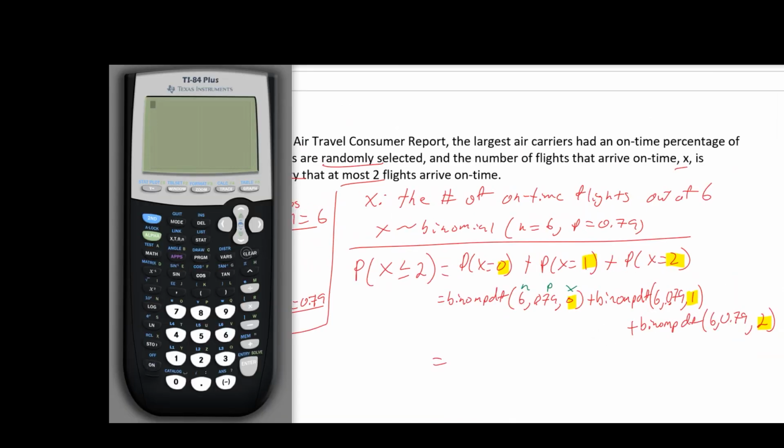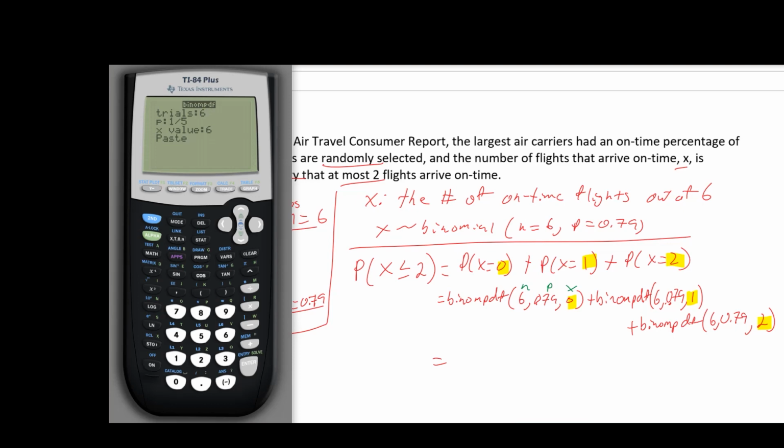Okay, so we have the distribution here, the binomial PDF function. We have 6 trials. Again, if you needed to know how to do this, if you don't have this menu, like if you have a TI-83, you do binomial PDF 6, comma, which is above the 7, and then 0.79, comma, 0.